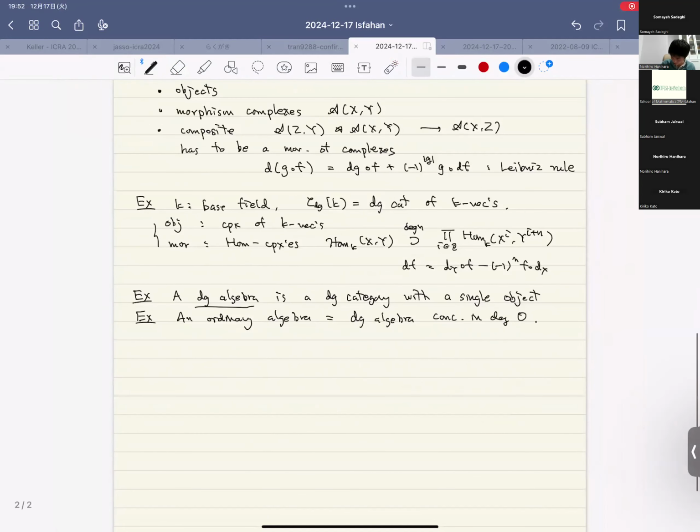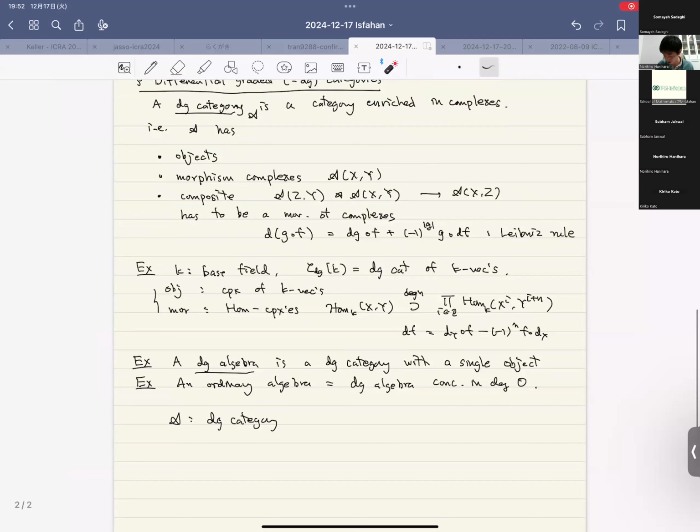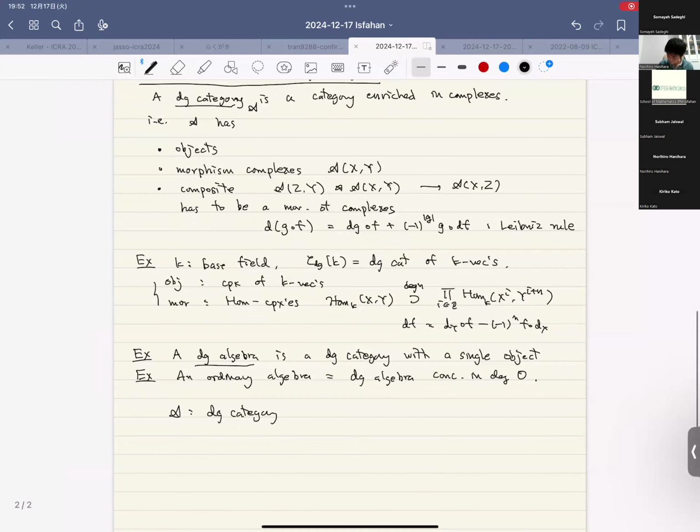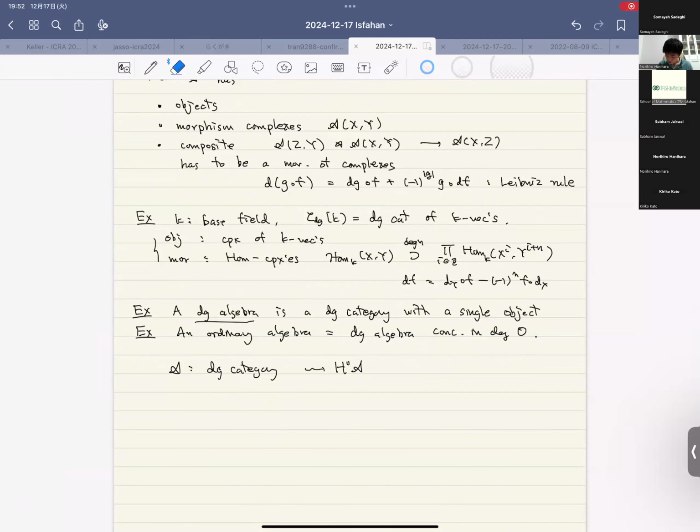So what does it mean? If we have a DG category, what we can do is replace each morphism complex by its cohomology. We can think about H0 of A, by keeping the objects and replacing each morphism complex by its cohomology.